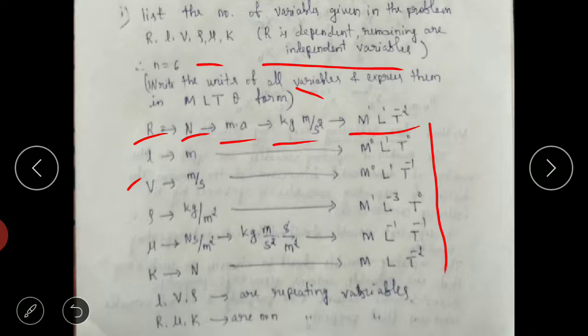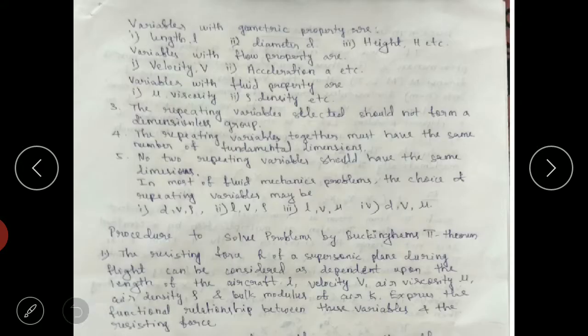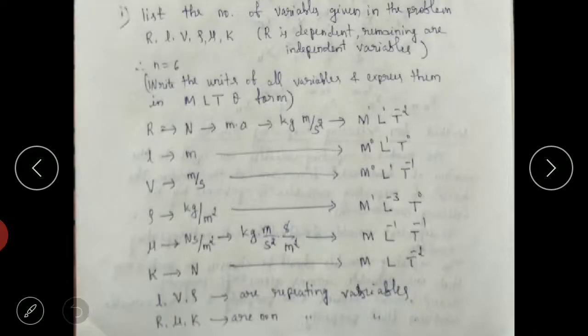Then we have to choose among the given variables which are repeating and which are non-repeating. In this problem, we have taken the combination of L, V, rho as repeating variables and R, mu, K as non-repeating variables. There is also another method.